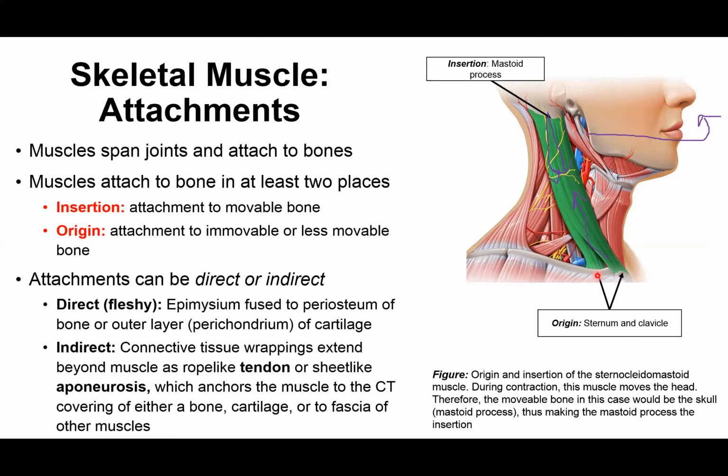Straight muscle to bone or straight muscle to cartilage. An indirect attachment, however, is when a muscle has a tendon or an aponeurosis, which is going to anchor muscle to the connective tissue covering of either a bone or cartilage or to the fascia of other muscles. So, for example, if the sternocleidomastoid had a tendon, then it would be considered an indirect attachment. Okay?